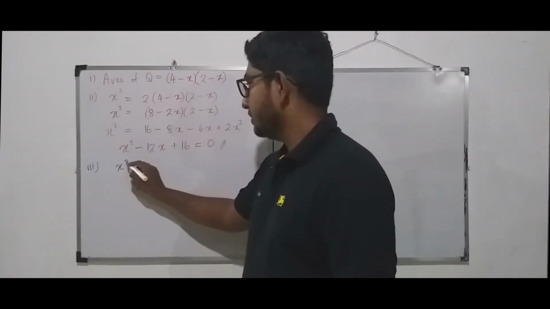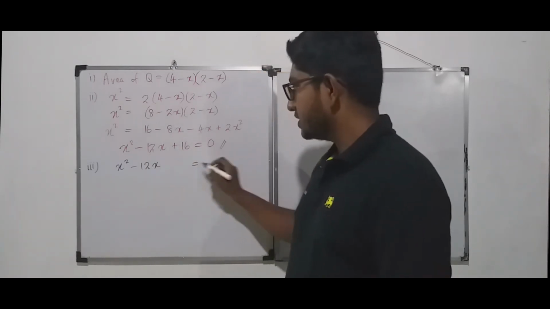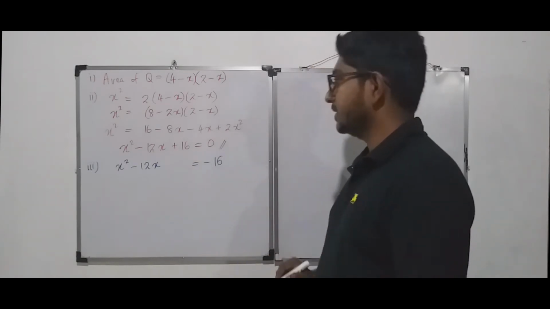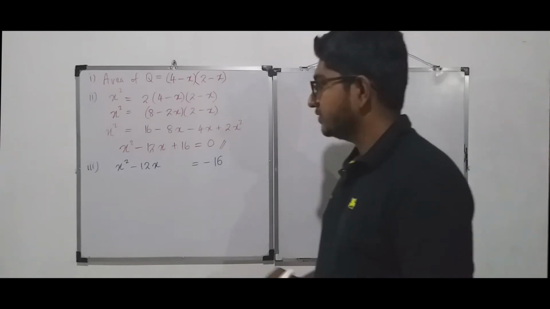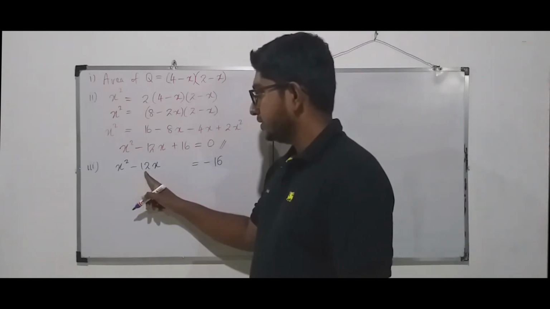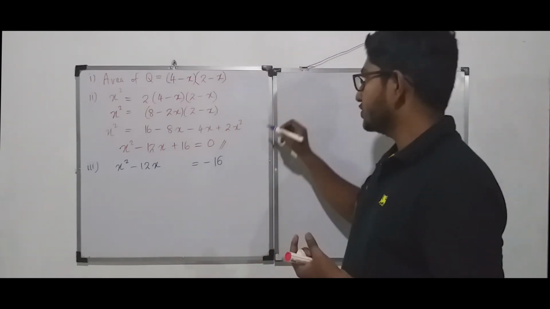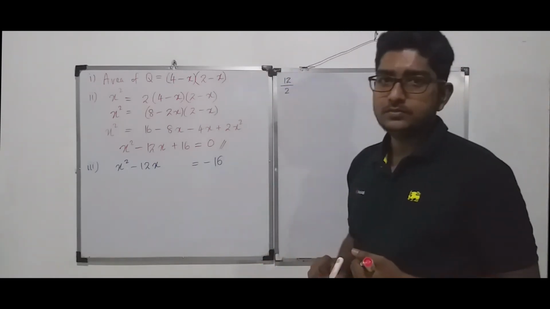As the second step, we have to shift this constant term to the right hand side by changing its sign, becomes minus 16. Third step is to identify the coefficient, but only the numerical value of the x term, that is 12, and divide it by 2.